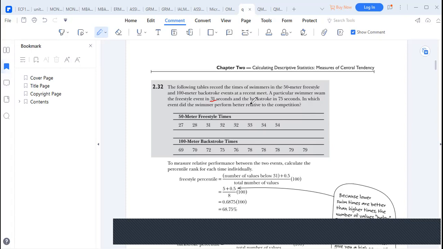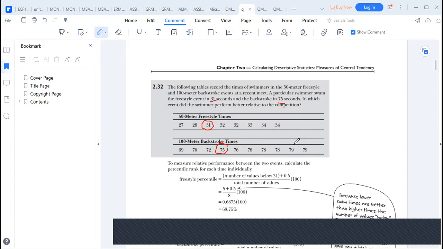Freestyle is 31, backstroke is 75. So in which event did he perform better? So we're going to use the percentiles. So here it was 31 and here it was 75. So let's calculate the percentile and compare. So this is the ascending order.